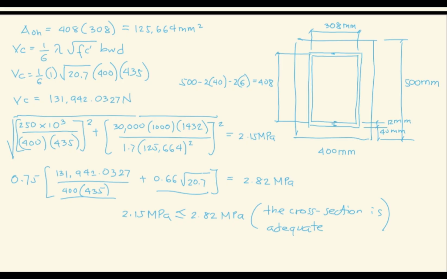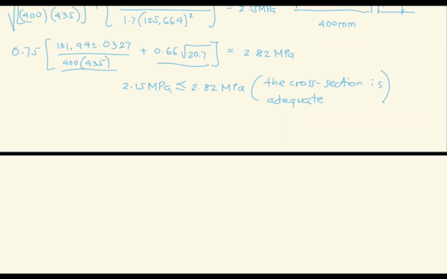Okay. So, having satisfied the check for cross-section adequacy, that is 2.15 being less than 2.82, we now need to compare TU with the threshold torsion. So TU, and then phi, threshold torsion.